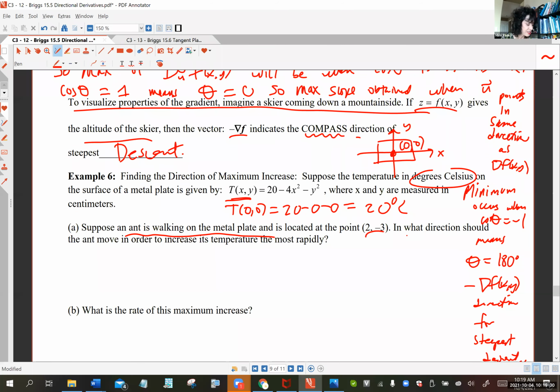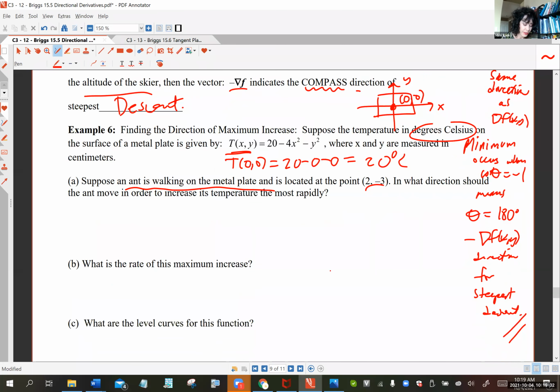And let's say the ant is located at (2,-3). So here on my hot plate, down here at the point (2,-3), there's my ant. And let's say this was a heat-seeking ant. I don't think there is such a thing, but if he was, let's say the ant would like to get warmer. What direction should he move so that his temperature would increase most rapidly?